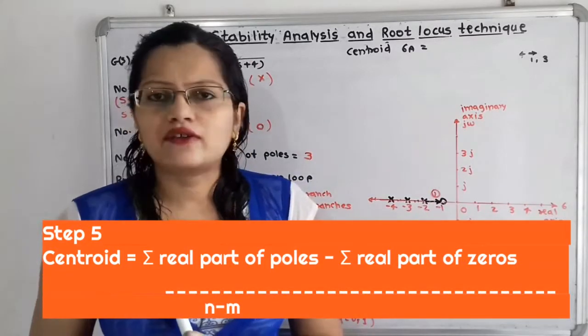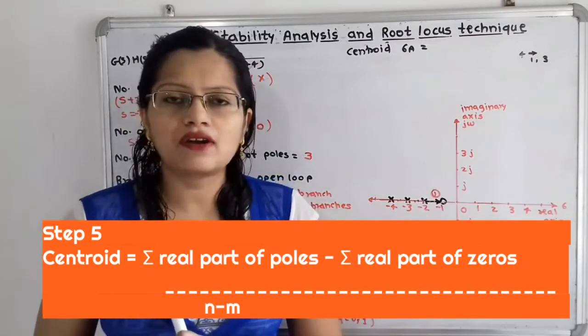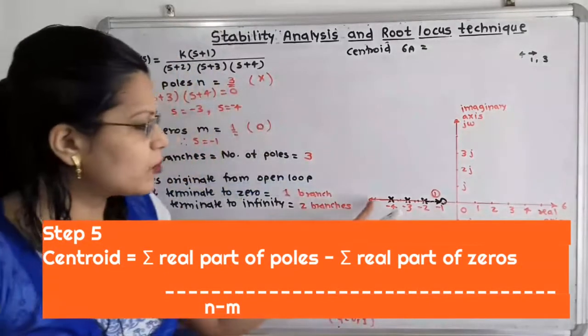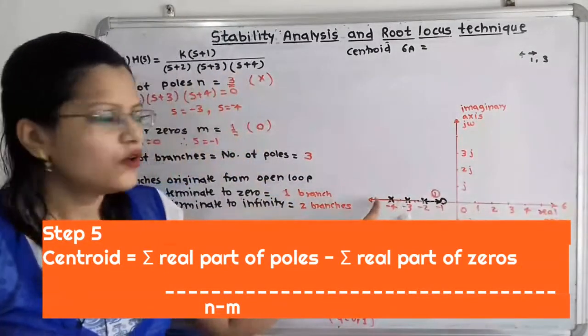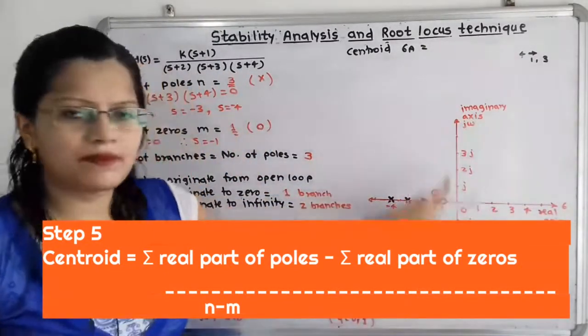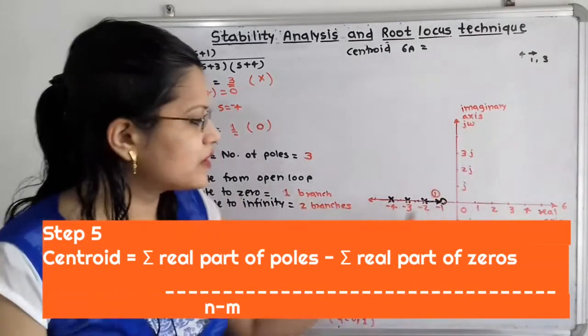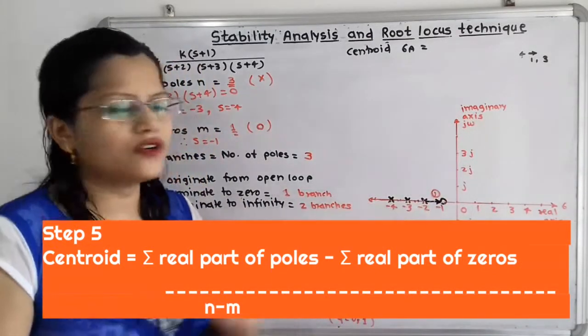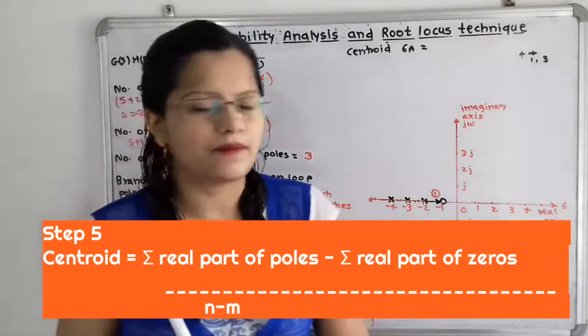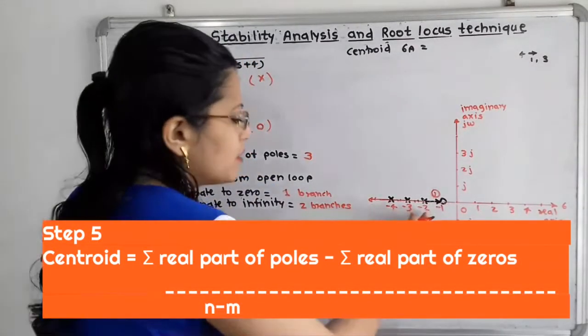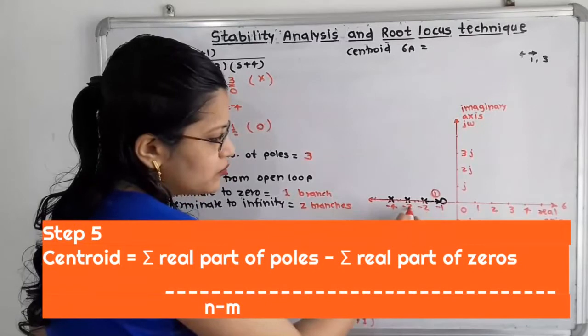So we will understand this. For the real part of poles, we have to take the poles on the real axis. We should not consider the imaginary axis. Here if we observe, the poles are only on the real axis. So we have to take the sum. What are the poles? That is minus 2, minus 3, minus 4.